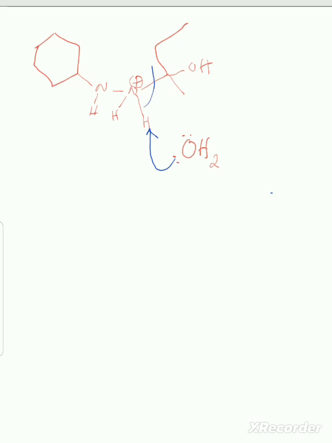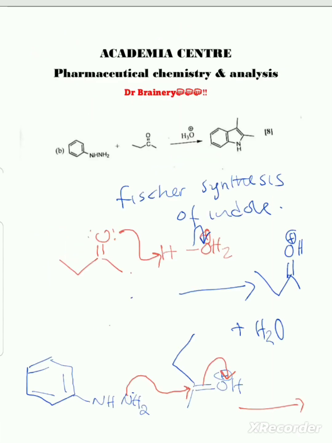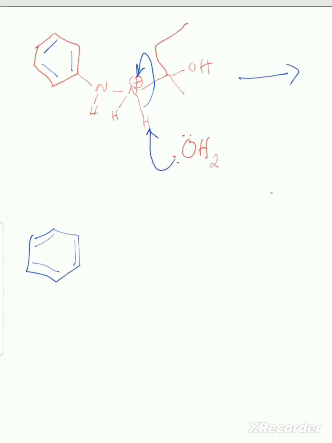The electrons will come and neutralize the charge on the nitrogen. So I'm going to have something like this. Don't forget this part. So here we're going to have this.